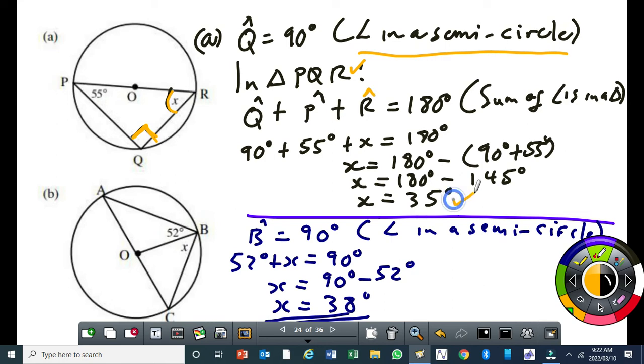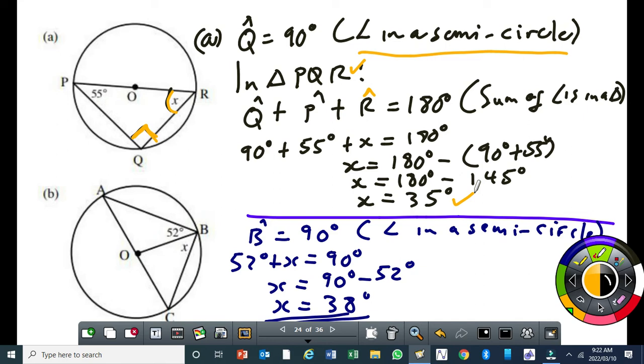You get your x as 35 degrees. If you write everything, your statement and your reason, you're most likely to get full marks. Don't keep anything in the head. Write it down. So this is the first one.